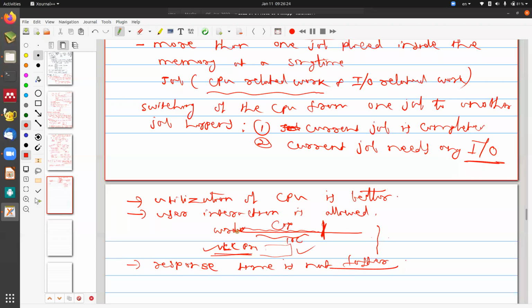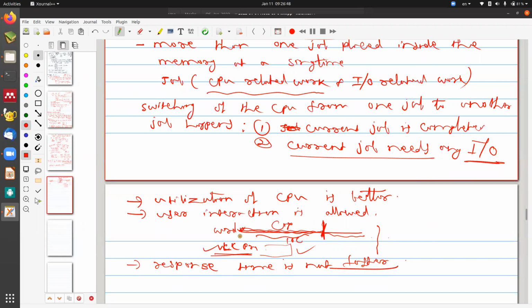So what he has told is that unless the CPU work of this program gets over or IO gets started, the next program is not going to be run by the CPU, because CPU switching only happens when the current job's IO comes.